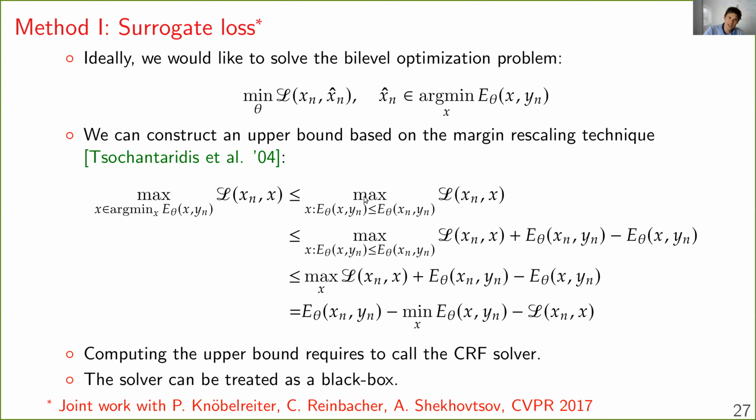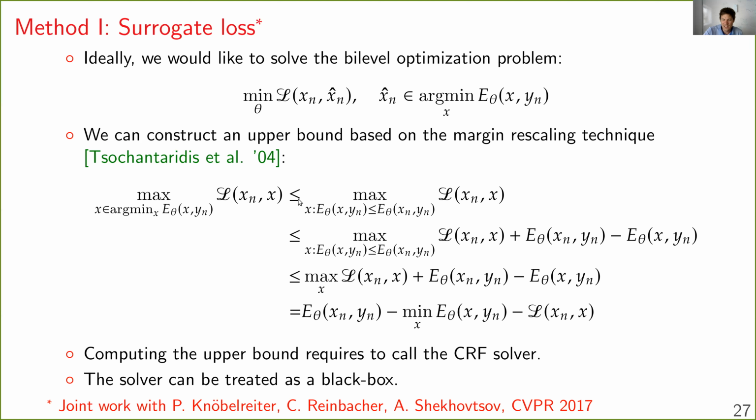Basically, what you're doing is you consider an upper bound to this bi-level optimization problem. The first thing you're saying is that, okay, I would like to maximize my loss function, but X should still be a minimizer of my energy-based model. In case X is non-unique, you will select that X from a set of minimizers such that your loss function, for fixed beta, is maximized.